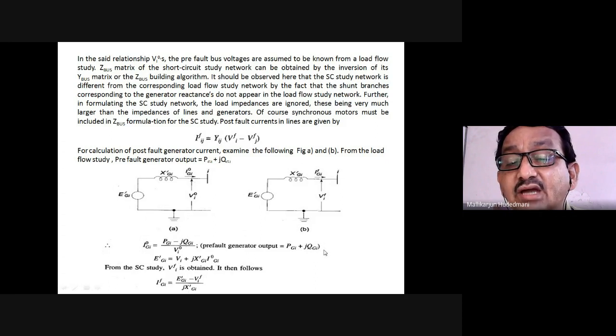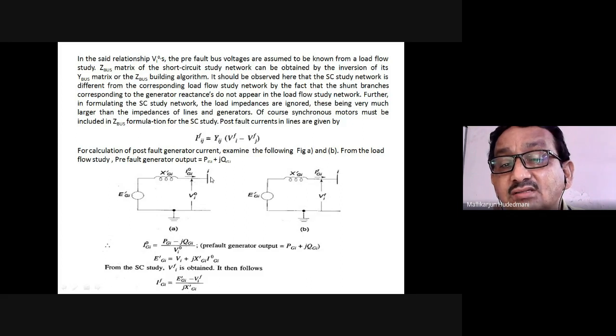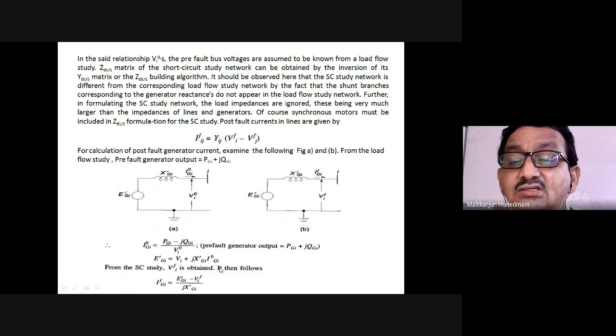Then this E'Gi can be written from Vi: Vi plus j into X'Gi into IGi0, from KVL, knowing the voltage at the receiving end and getting the voltage of the sending end. E'Gi equals Vi plus jX'Gi IGi0. From the short circuit study, this is the internal voltage computation.